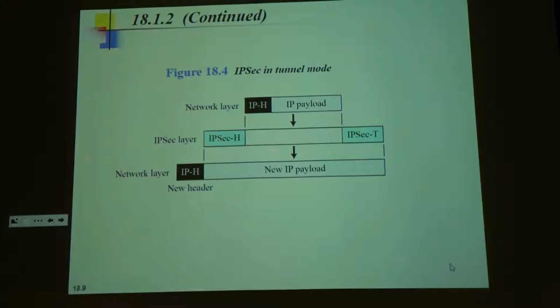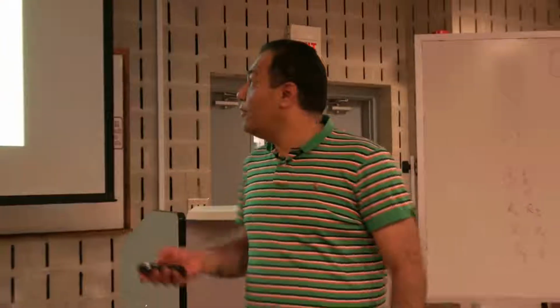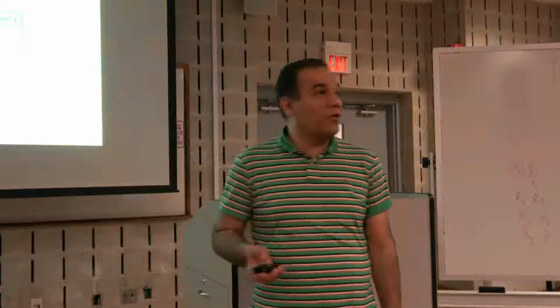We add another header and a trailer, right? Everything is encrypted and passed in here. And then we don't put the old IP header, we create a new IP header. So there is an old IP header included with the data, protected, and there is a new IP header.